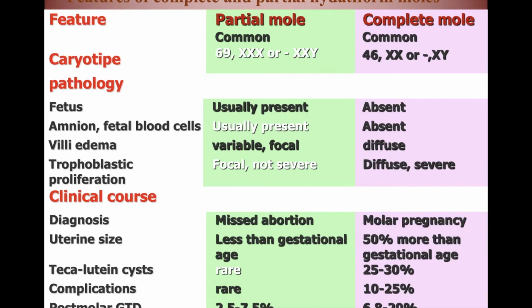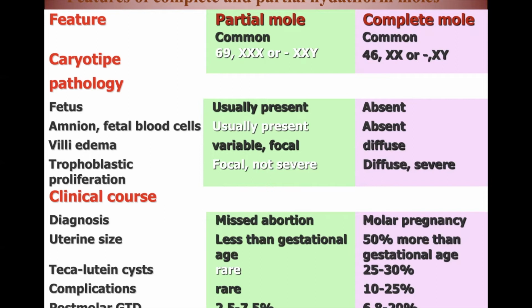Clinical course. In gestational trophoblastic disease, we have a big size of the uterus: the uterus is bigger than it should be for this gestational age, about 50% more than its gestational age.